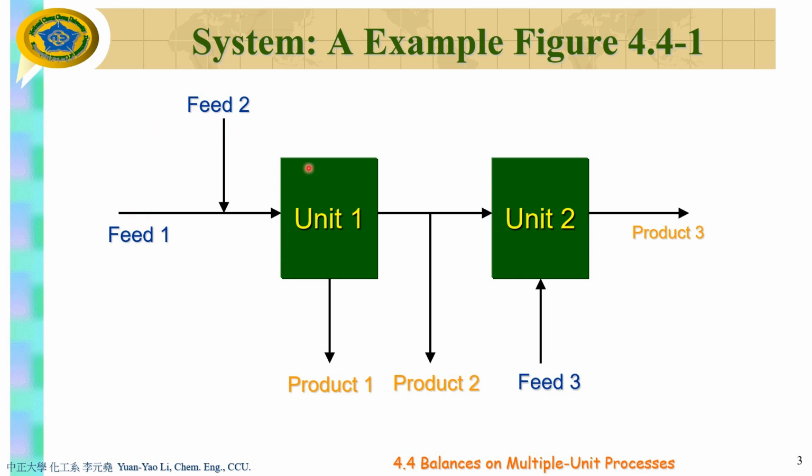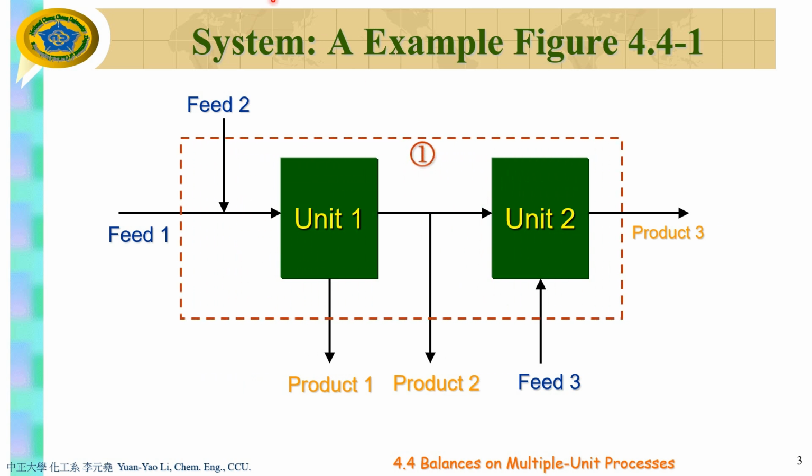So how many inputs? If you take this as a system, you have a hypothetical box here. How many input streams in this process? There are 3 inputs in this process, right? Feed 1, feed 2, and feed 3.